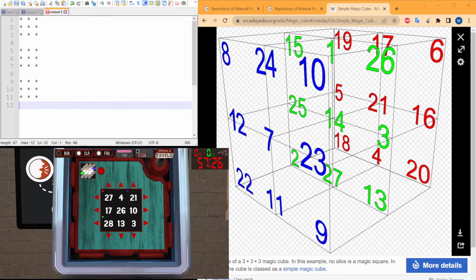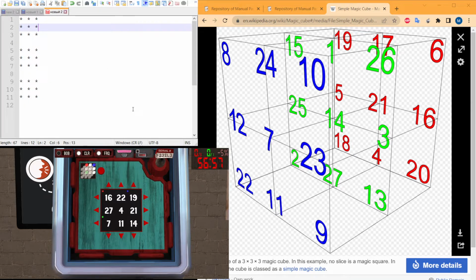So using the image as a reference, I will start to fill in the three squares. So this is going to be the front square, this one. The second is going to be the middle square, and the back square is going to be this one. So in this image, the front square is going to be blue, middle green, and back red.